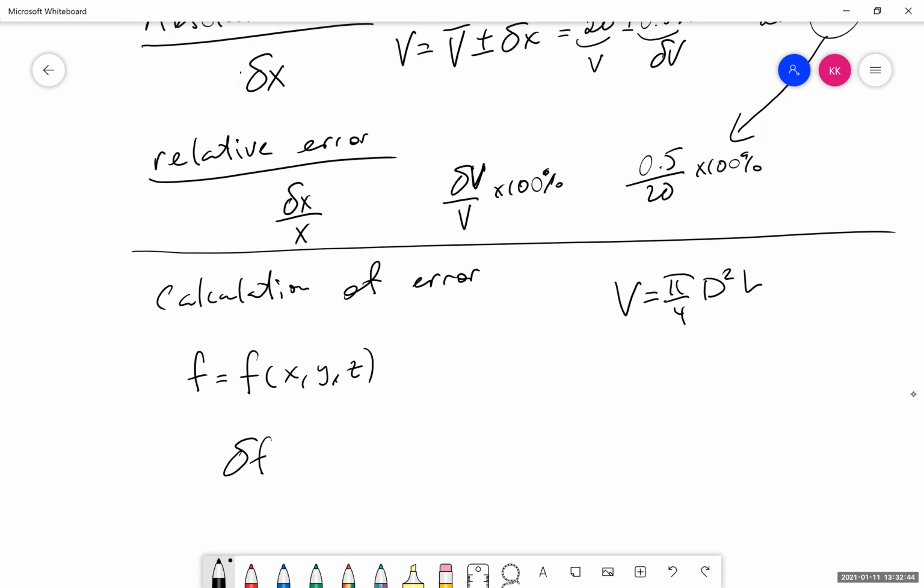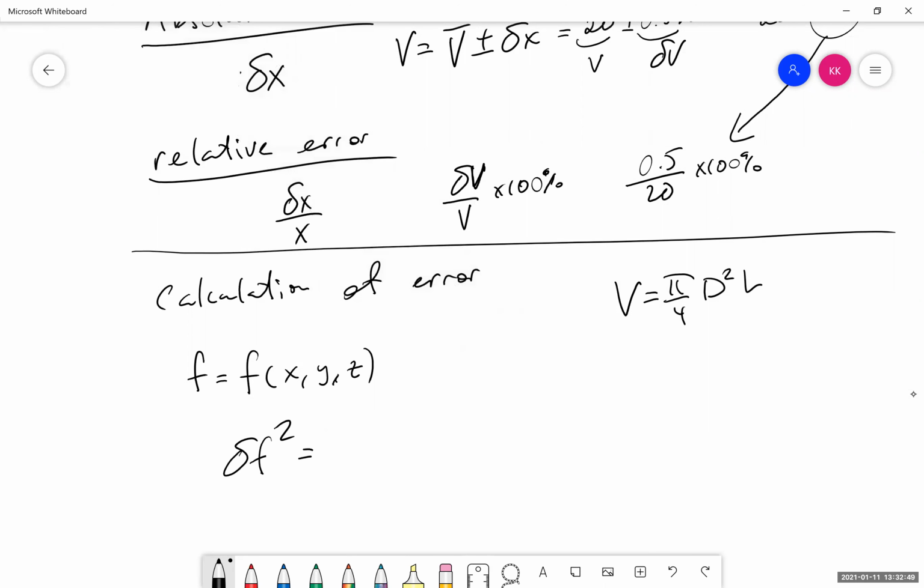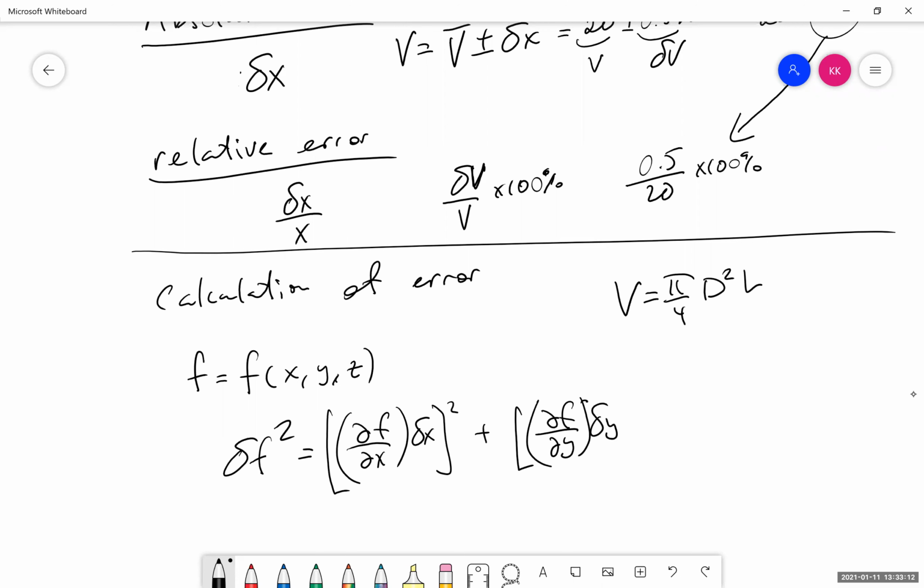The initial equation is delta f squared equals the partial derivative of f with respect to x times the absolute error in x, this all squared, plus the partial derivative of f with respect to y times delta y, all squared, plus the partial derivative of f with respect to z times the absolute error in z, squared.